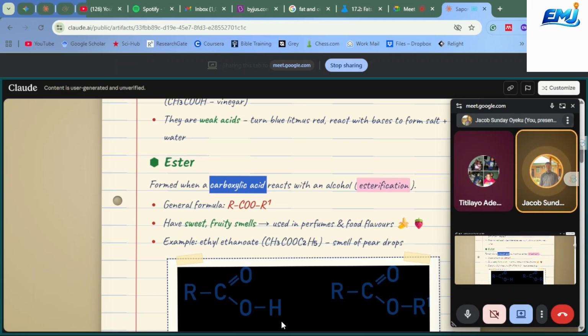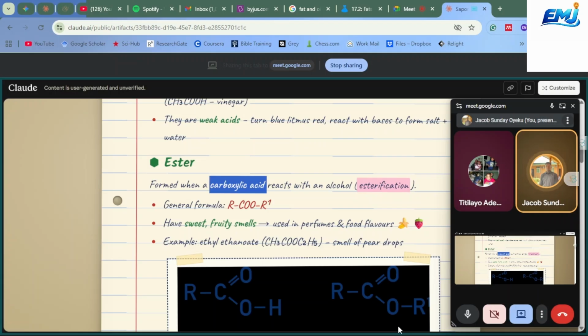So that's the same image that you have down. I'm talking of this place. R, you see R on both sides. C, you see on both sides. O, double bond, you see it on both sides. The second O, you see it on both sides. Then H, but here you have R1, and this R1 must be an alkyl group.